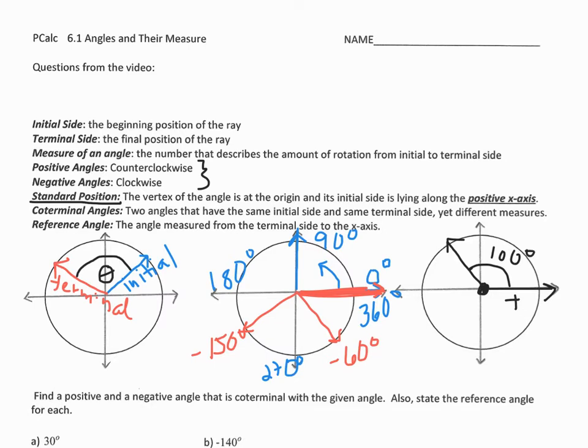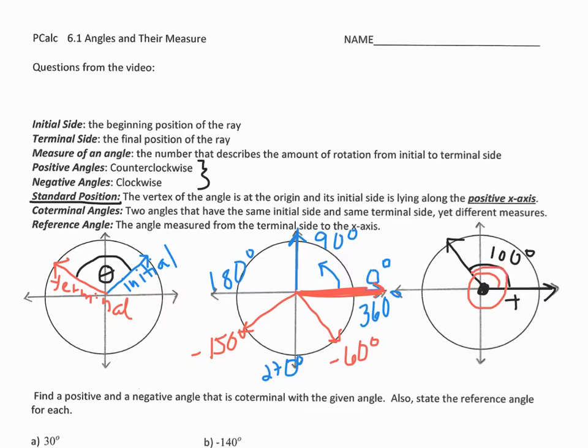Okay, next word, coterminal angles. Two angles that have the same initial side and the same terminal side, yet different measures. Okay, so what this means is now, we might be going around our circle more than once. So let's look at our 100-degree angle we just did. If I want to name that again in a different way, look what I could do. I could go 360 all the way around, plus another 100.